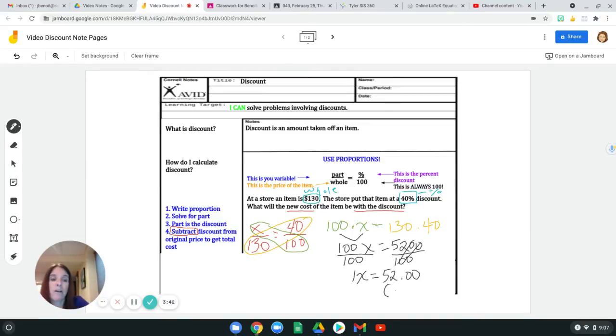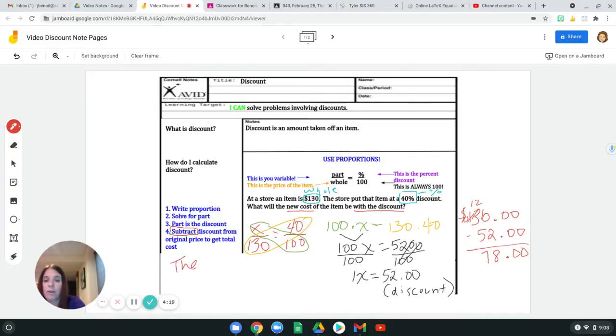Okay, so this is our discount, but this isn't our new price. To find our new price, we have to take the $130 that the item started at and subtract the discount of $52. So the store is giving us $52 off this item. We're going to have to do some borrowing of groups of 10. 10 minus 2 is 8. 12 minus 2 is 7. $78.